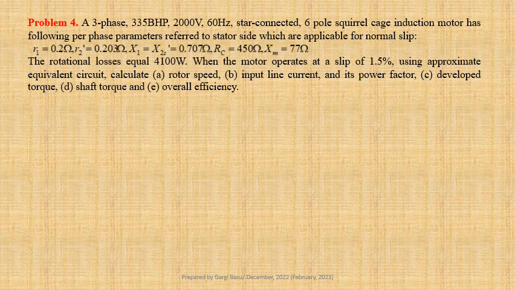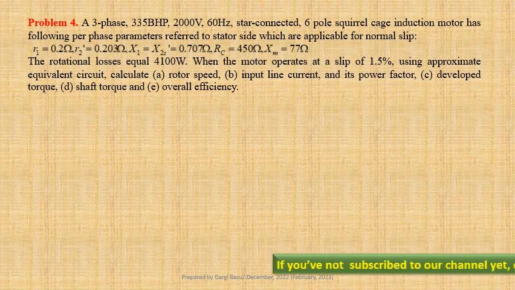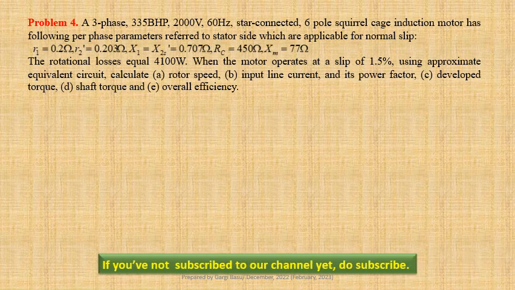A three-phase 335 bhp 2000 volts 60 Hz star-connected 6-pole squirrel cage induction motor has following per phase parameters referred to stator side, which are applicable for normal slip.